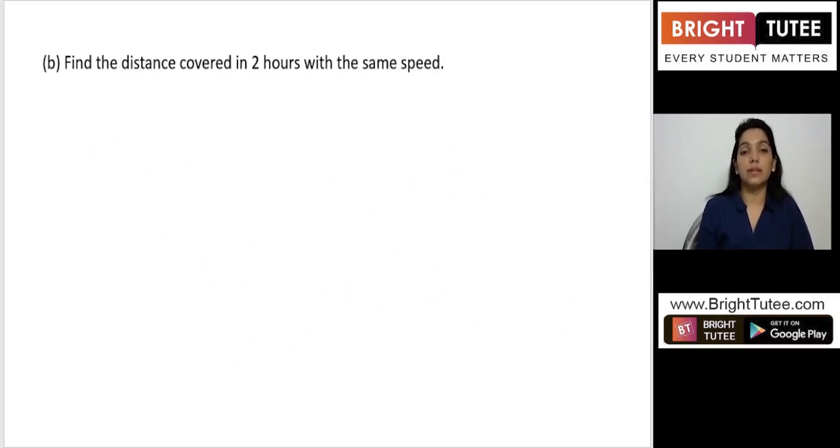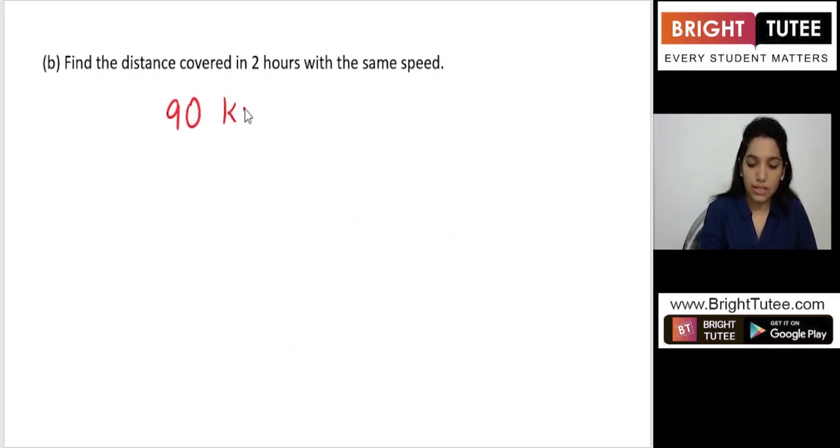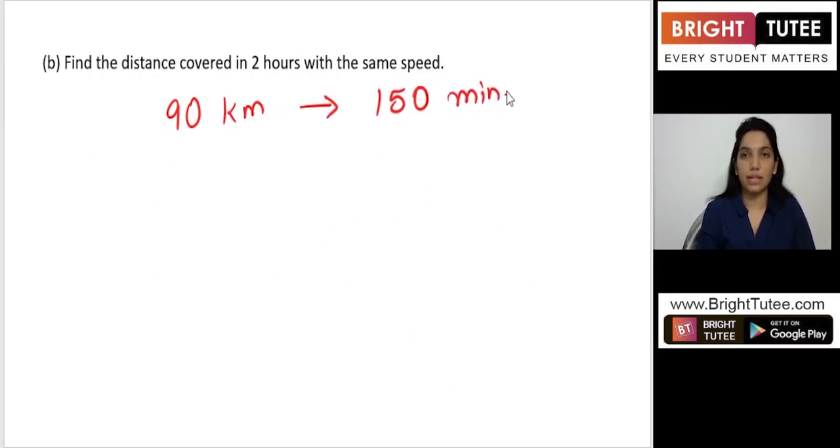It says, find the distance covered in 2 hours with the same speed. So we know that 90 kilometers is what we are traveling in 150 minutes. Is that right? Now, because it is asking us for 2 hours, that means we need to find for 120 minutes.